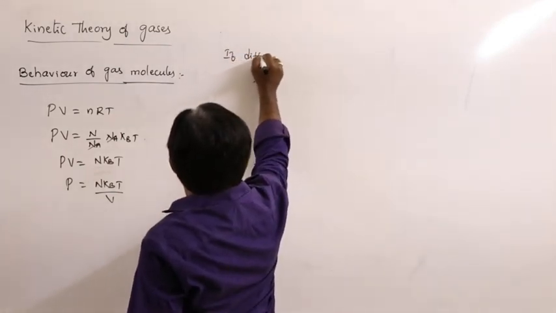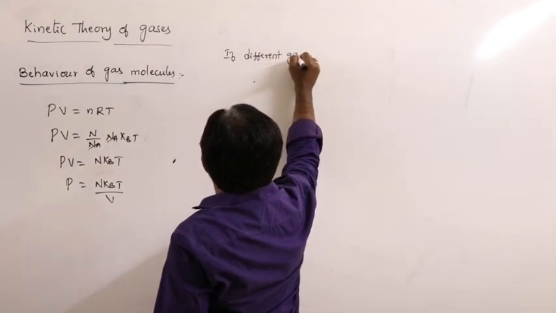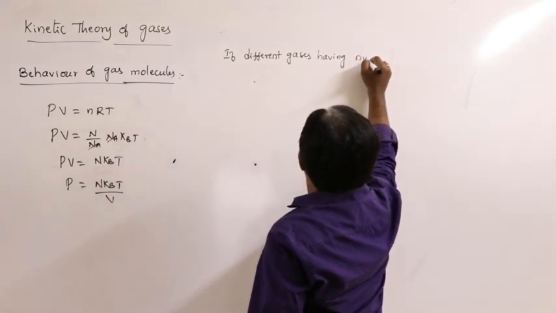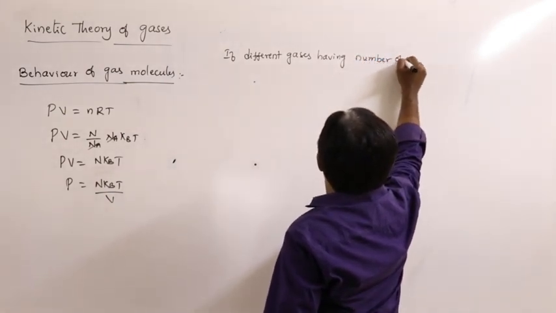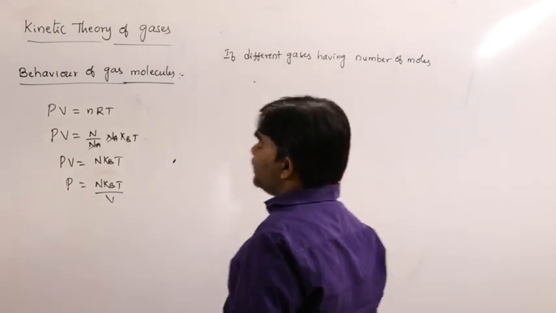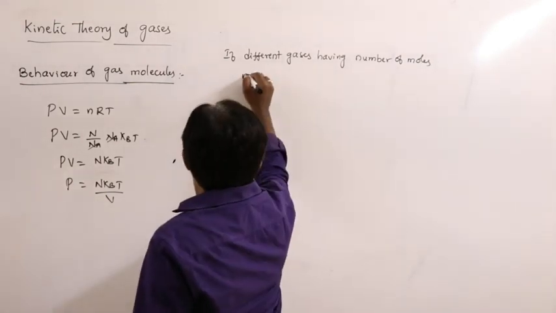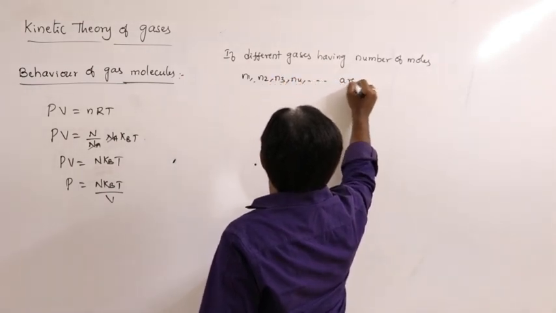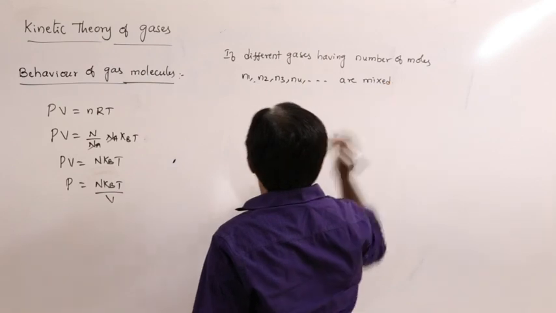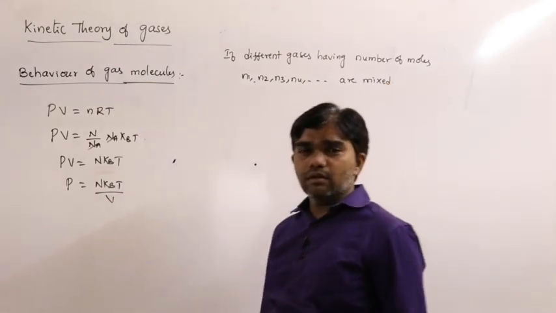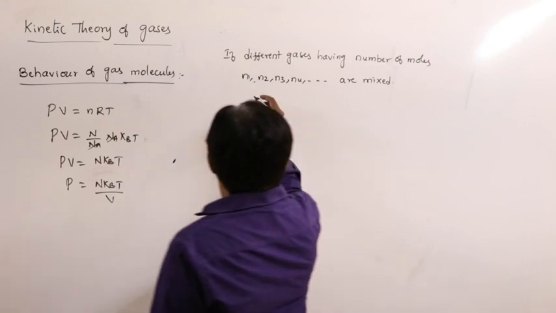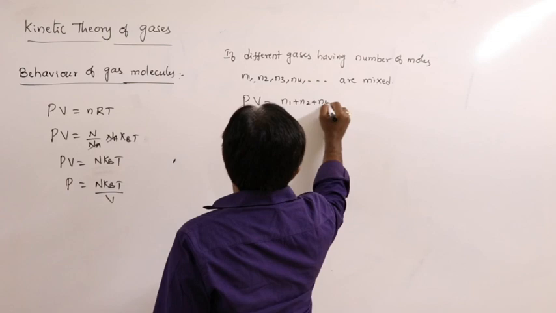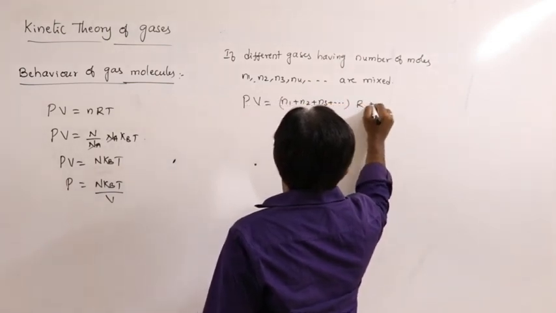So for example, if different gases having numbers of moles N1, N2, N3, N4 and so on are mixed, then the ideal gas equation can be written as (N1 plus N2 plus N3 and so on) into RT.